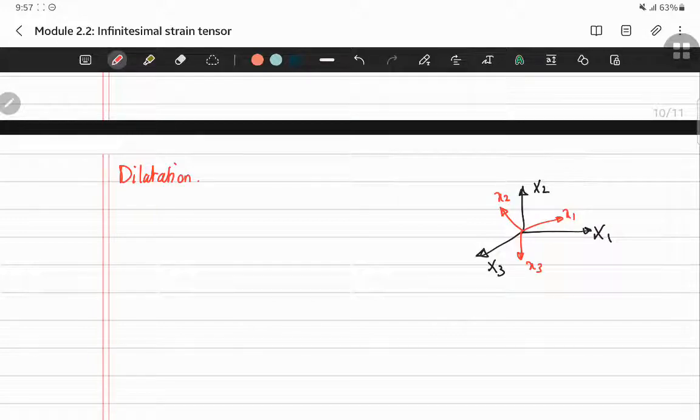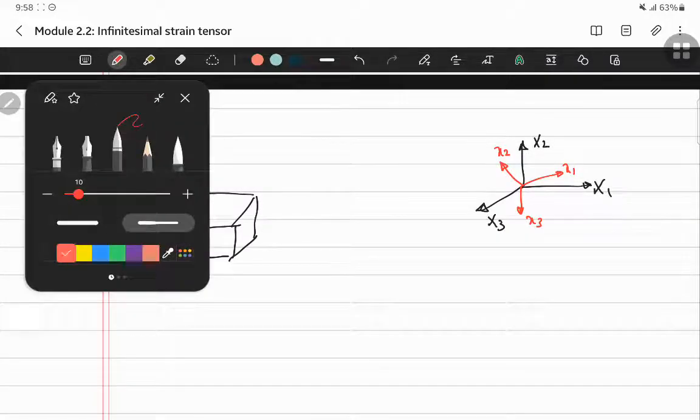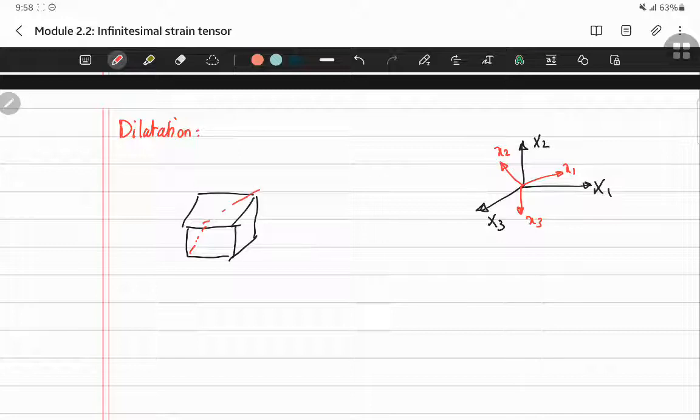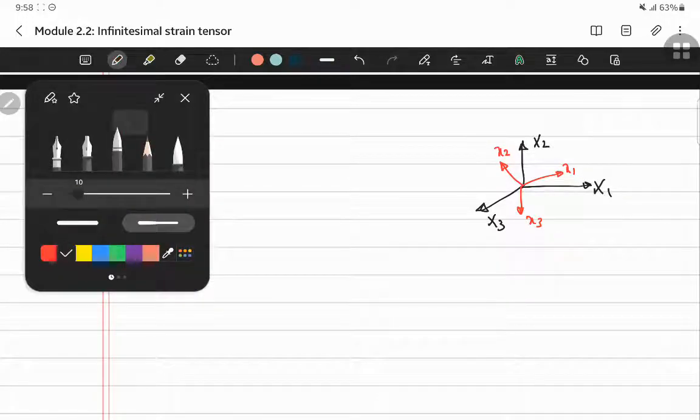Simply, dilatation is the change in the volume. For example, you have your current configuration like this, and now its volume has changed. It became something like this. You can calculate the dilatation using the expressions that I'm going to derive here.